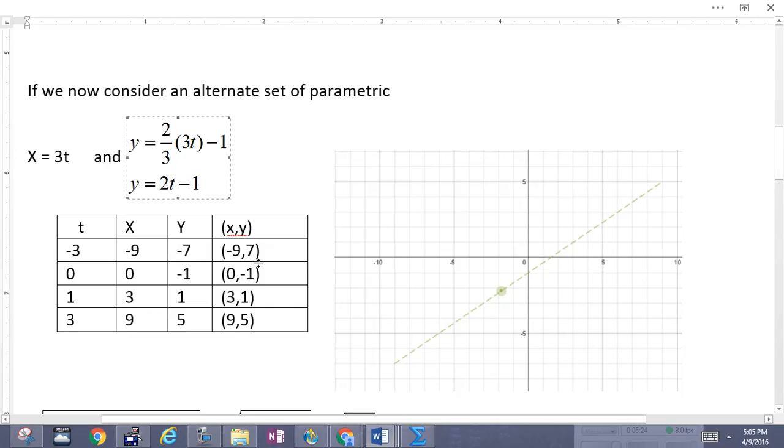So we're starting at the point (-9, -7), and then we're ending up at t equal to 3 at (9, 5). So we're moving again along the same line, but on a different segment, because our segment now runs from (-9, -7) to (9, 5).